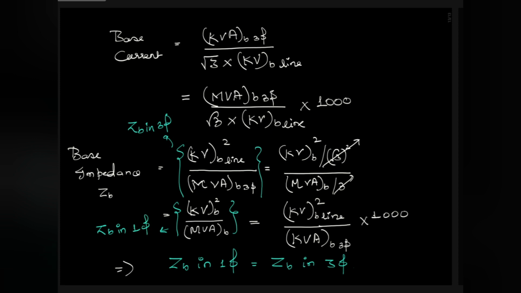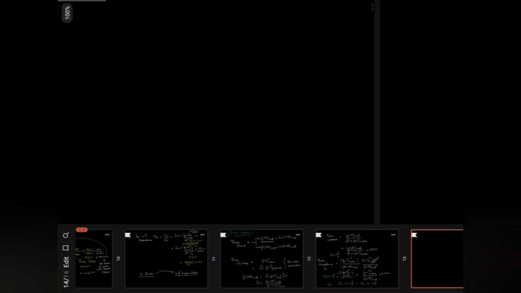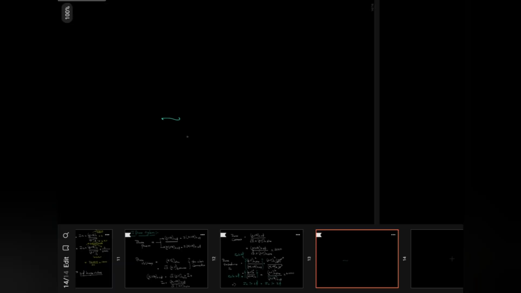Okay, so if you calculate Z base in single phase, you can write this formula, right?